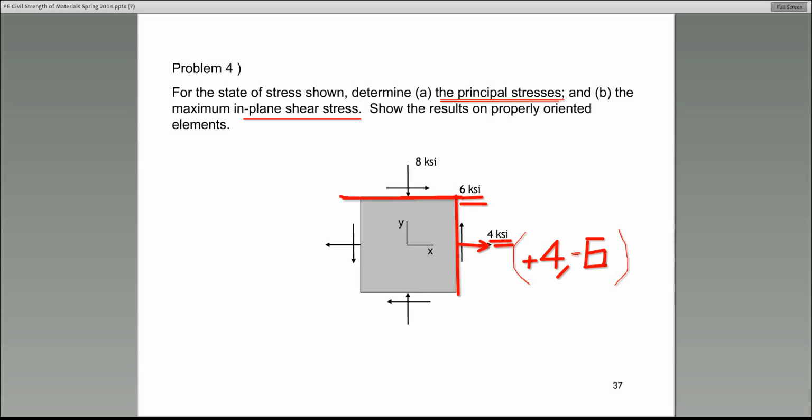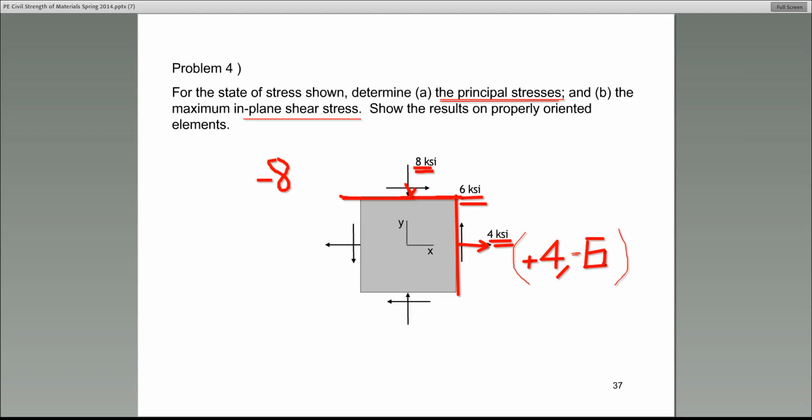The x-coordinate would always be the value of the normal stress. In this case, it's an 8. Now tell me, would it be positive or negative? I'll wait for you. Negative. Steven says negative. Why? Because it's a compression. It is pushing towards the face.